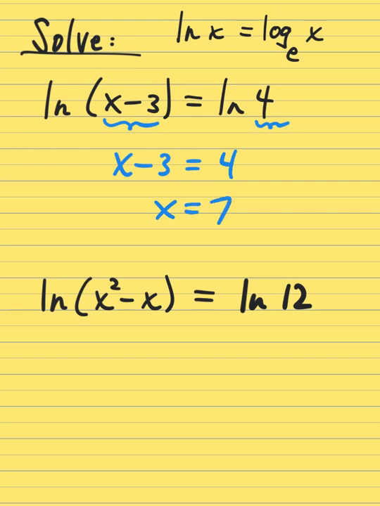The thing to be careful of is make sure that the answer you get is in the domain of the logarithm from your original problem. Natural log of x minus 3 has a domain of 3 to infinity, parentheses 3 to infinity. Well, since 7 is larger than 3, 7 minus 3 creates a positive 4. All's good. Logarithms like positives.